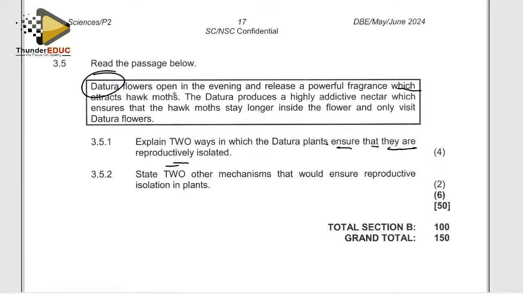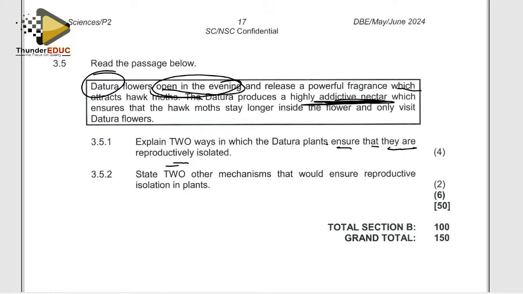So if they open the flowers in the evening, it means that at other times of the day they are not able to do that. So they are a little bit isolated, and then they attract the moth. So basically they have specific pollinator attraction, which is addictive. They produce a highly addictive nectar, which ensures that the moth stays longer. So opening at a specific time is basically the first way.